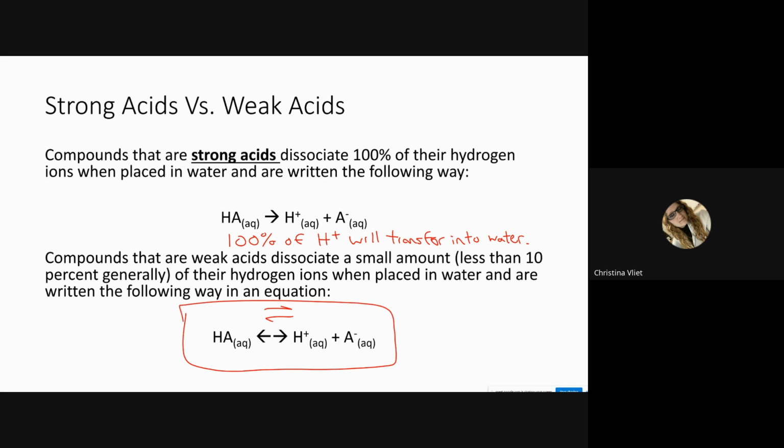This reaction occurs and you have a weak acid, some of its H+ is transferring into water, but some of it's staying combined together. Not all of the H+ is transferring into water. And as a rule of thumb, it's less than 10% that's transferring into water. So it's a weak acid because it's only transferring some of its H+, a small amount of its H+.